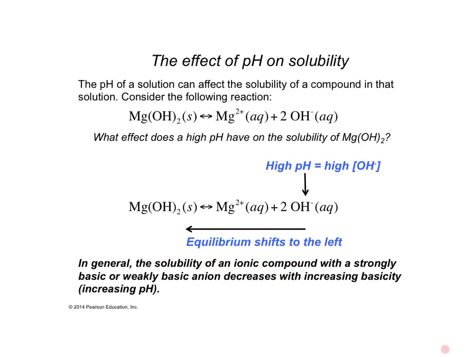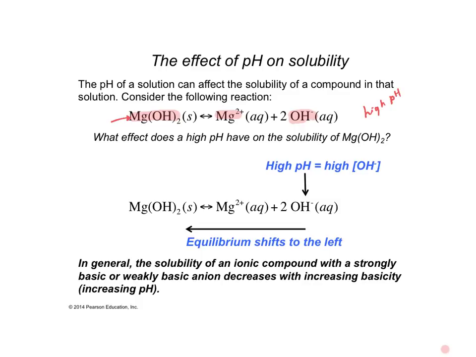Okay, so what about the effect of pH? Let's consider the dissolving of something like magnesium hydroxide. Magnesium hydroxide in water dissociates into magnesium as well as hydroxide ions. Let's say that we're trying to dissolve this in a solution with a very high pH.